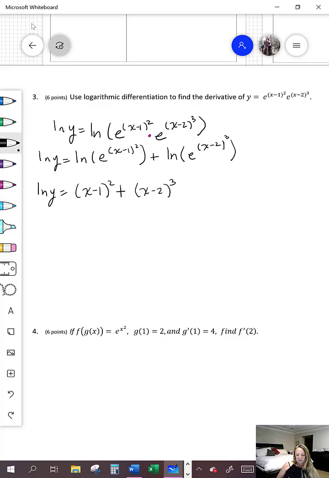So now let's take the derivative of both sides. The derivative of natural log of y is 1 over y times dy/dx, since y is a function of x.